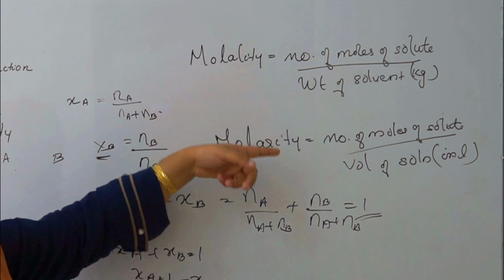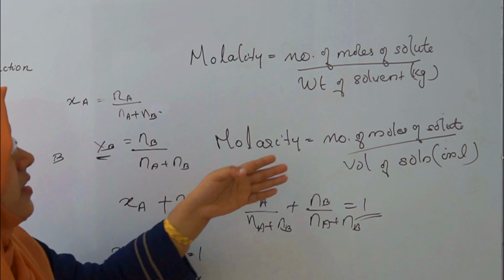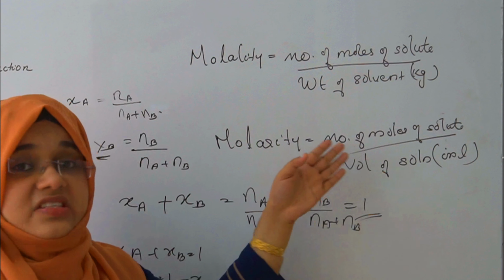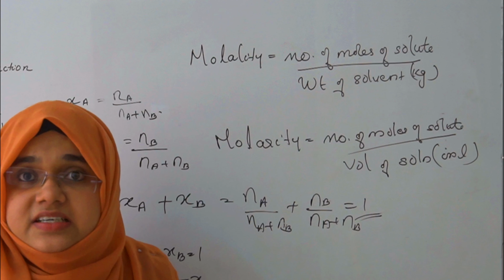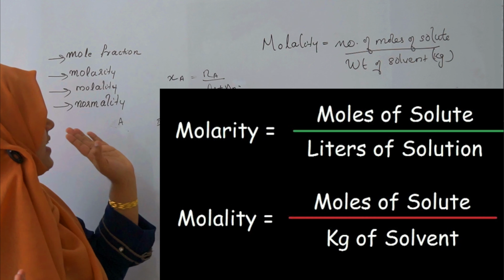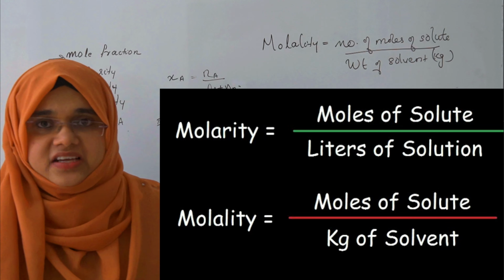Molarity and molality, see the difference? Even though there is a difference of R and L only, this is a huge difference. One is the weight of solvent in kilograms and the other is the volume of solution in liters. So this is molarity, molality and mole fraction.